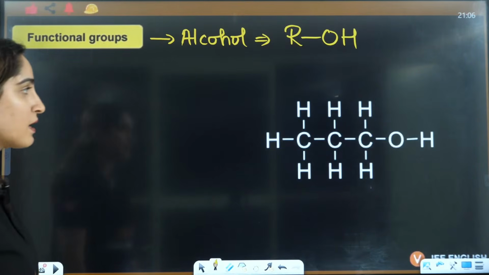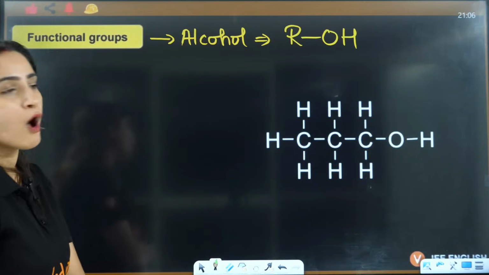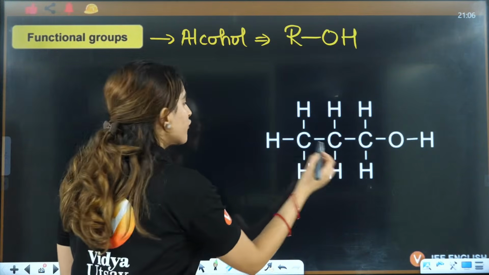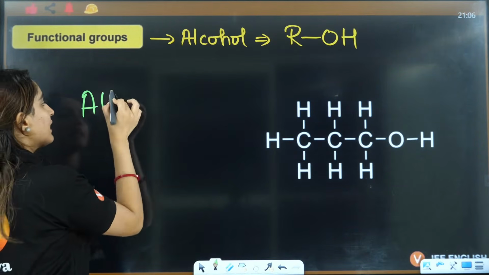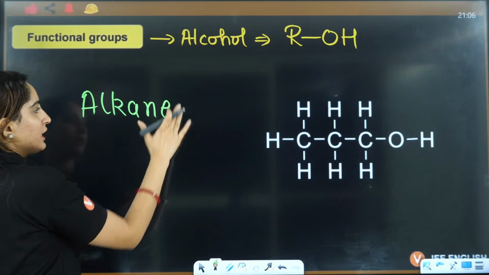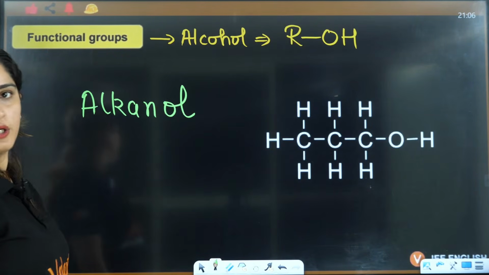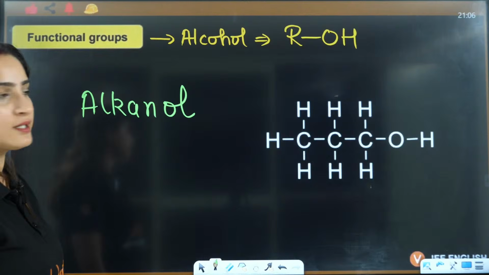OH is there, right? So how is alcohol written? It is written by the number of carbons, like you have alkane. You will erase the E part and you will put ol here. Alkanol, right? Okay.